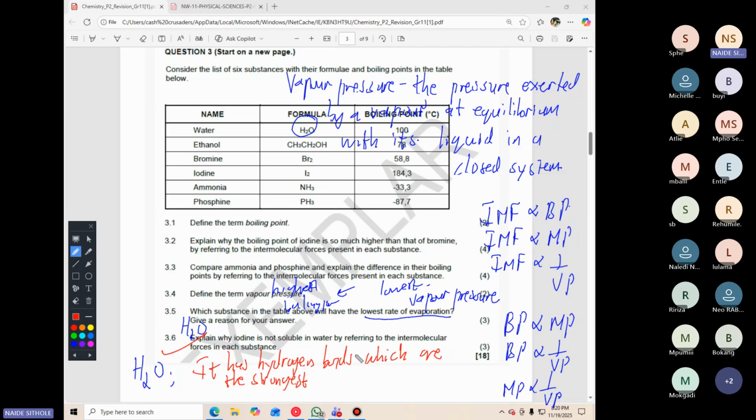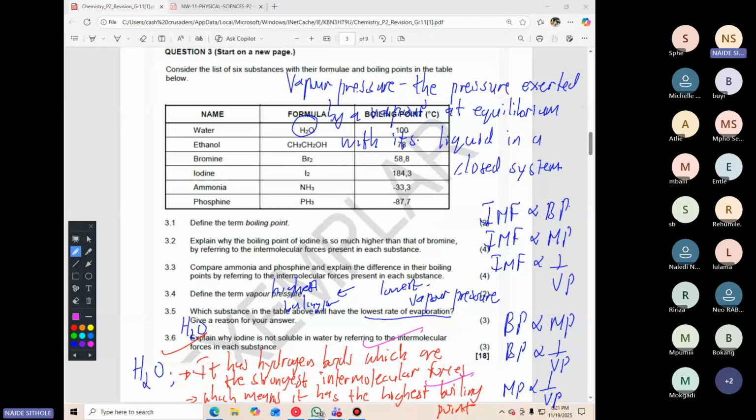So I want those 2 marks: it has hydrogen bonds, which are the strongest intermolecular forces, which means it has the highest boiling point. Don't write IMF, write intermolecular forces in full. I taught you that skill to secure your marks. If I just say it has the highest boiling point, for 3 marks that wouldn't give me enough. So you have to come up with a way to also mention the intermolecular forces.